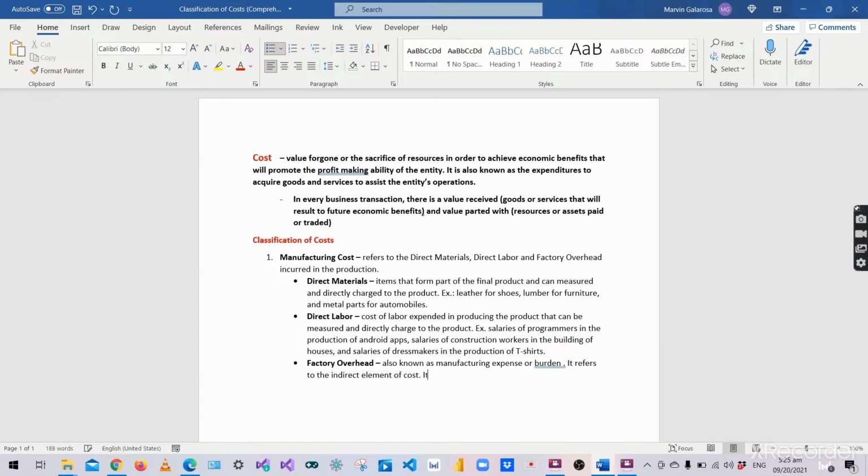It includes all manufacturing expenses that are not classified as direct labor and direct materials.